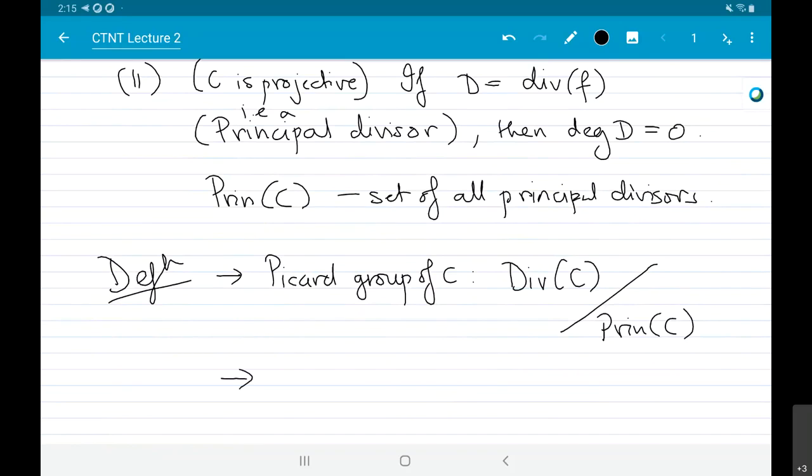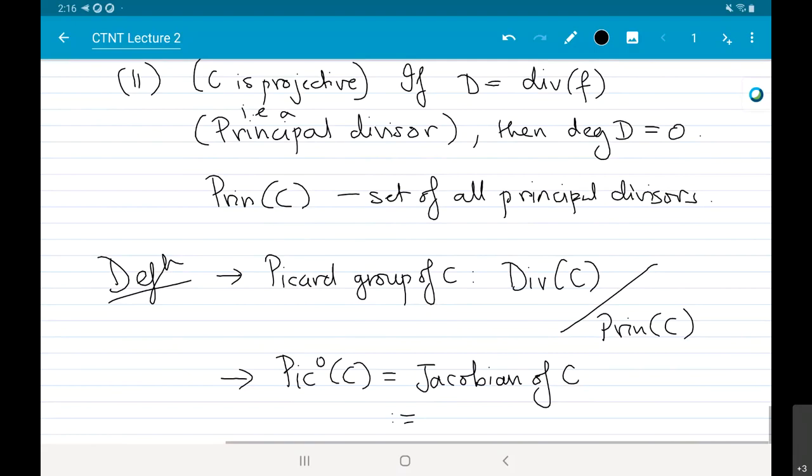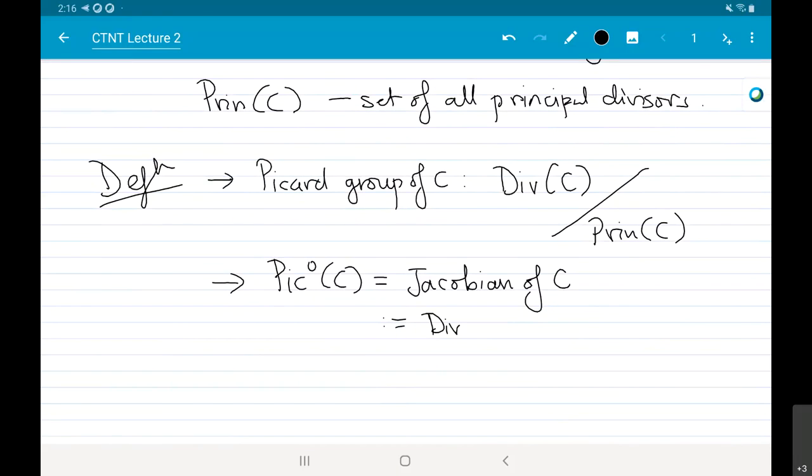And the second is Pic 0 of C, which is also called the Jacobian of C. This is defined as the set of degree 0 divisors quotiented out by the principal divisors. This is the most important definition from this section: knowing what Pic 0 is.